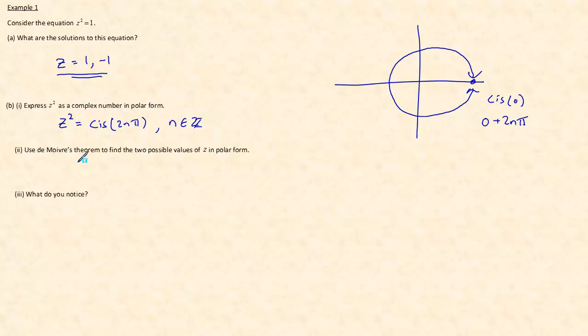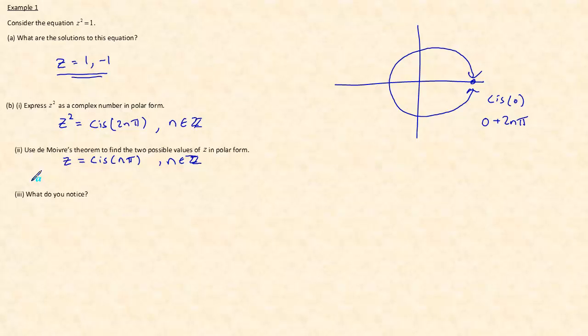We now want to use De Moivre's theorem to find the two possible values of z in polar form. So, z squared is this. z is going to be cis n pi for n belonging to the integers. Now obviously if we use all possible integers, we're going to get multiple repeats of each of the roots.